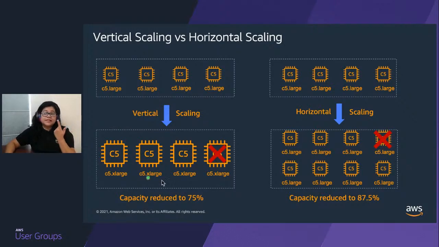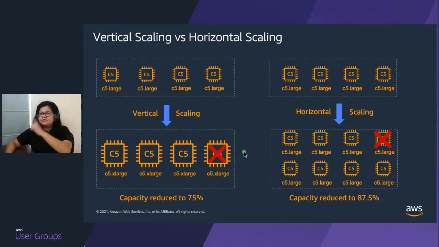Now in this case, once you added more capacity, if one of your instances goes down, your capacity will actually be reduced to 75%. Does that make sense? So if you have four EC2 instances and for some reason one of the EC2 instances goes down, your capacity is now 75%. So your application is available 75% of what you thought about.